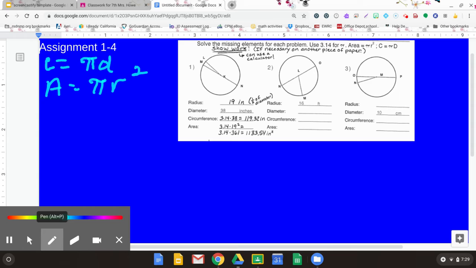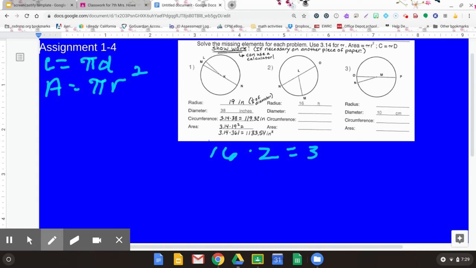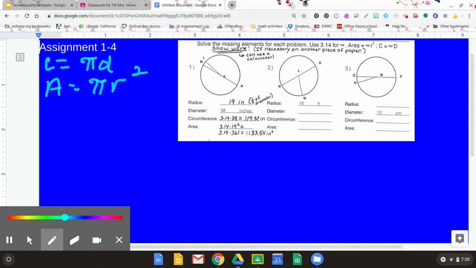Okay, for problem number 2, you're given that the radius is 16. Remember, the radius is half the distance of the diameter, so the diameter would be 16 times 2. So that's 32. So the diameter for circle 2 is 32. Now we're going to find the circumference of circle 2.